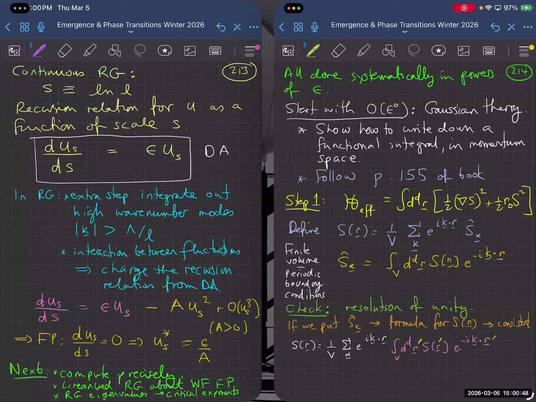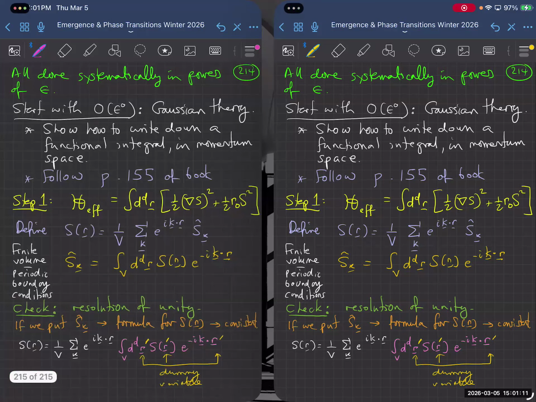Yeah. Okay, so that's the trap. We have to make sure that the dummy variable is correctly identified. The K is correct, because that's also another dummy variable. All right, now let's do the calculation.